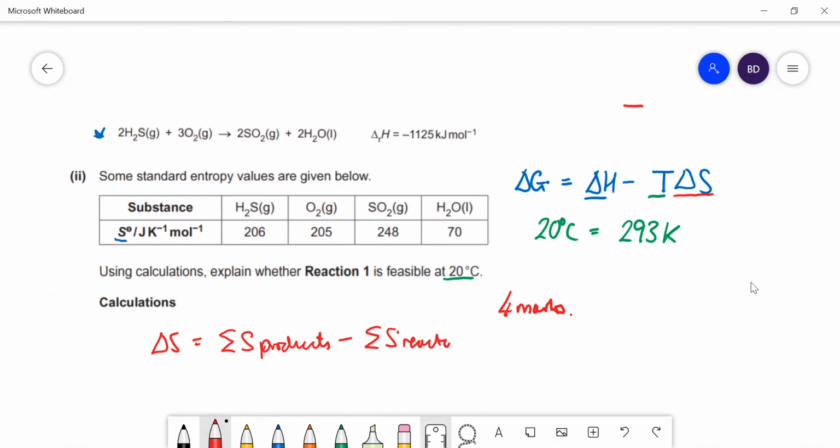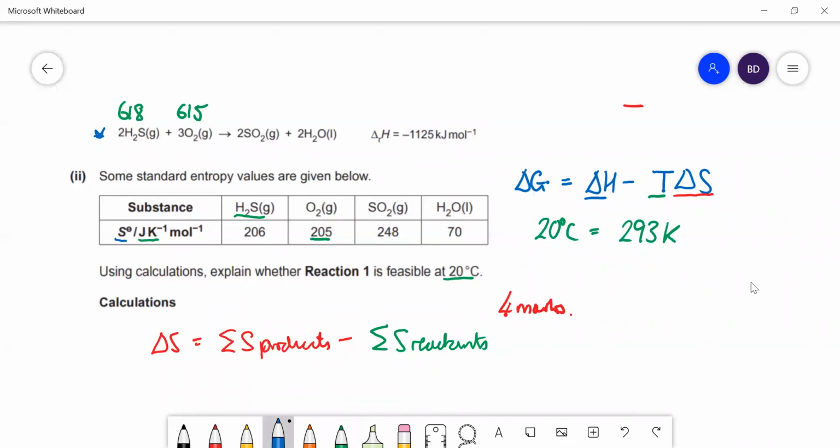Let's do that in a different color. Okay, so let's do the reactants first of all. Well, we've got 3 lots of H2S, so that's going to be 3 times 206, which is 618 joules per Kelvin per mole. Don't forget it's in joules per Kelvin per mole. And we've got 3 lots of oxygen, so that's 615 for that.